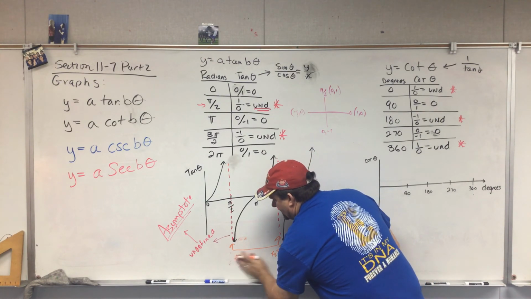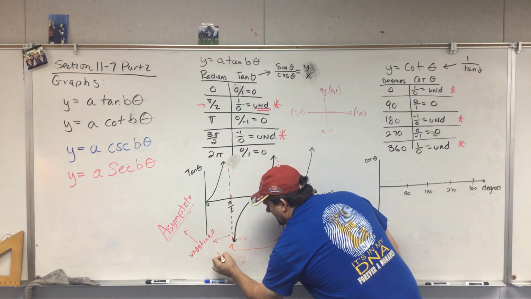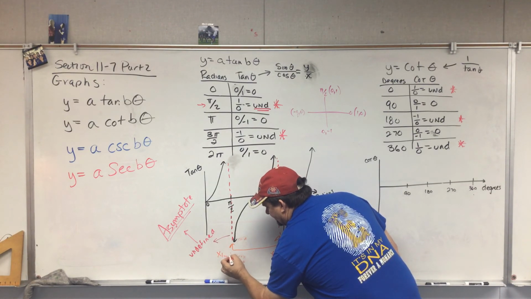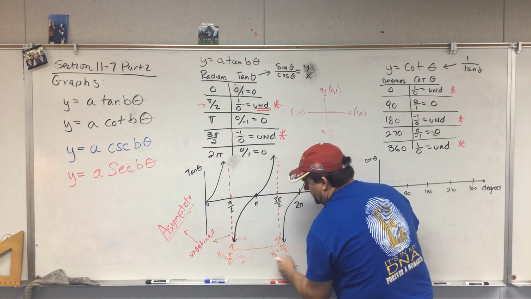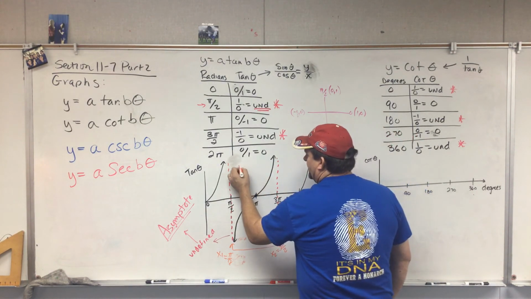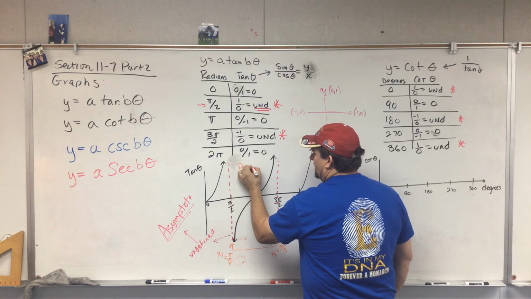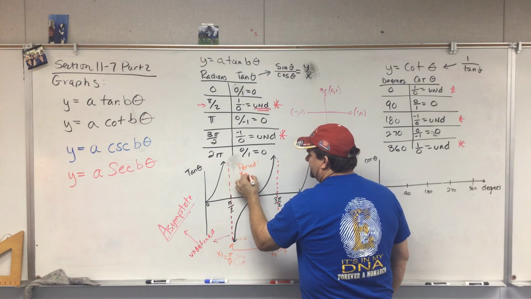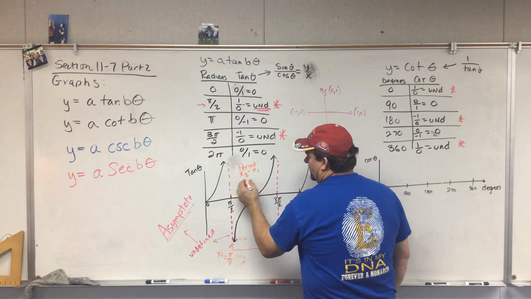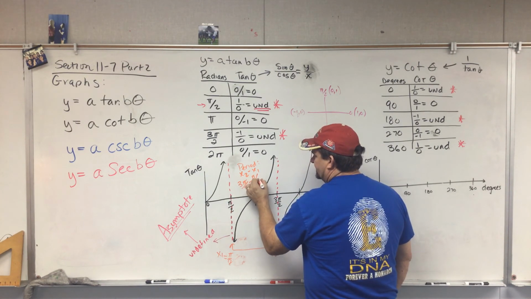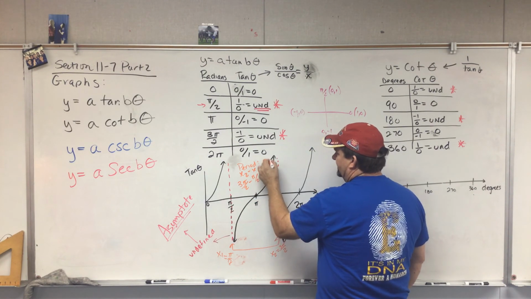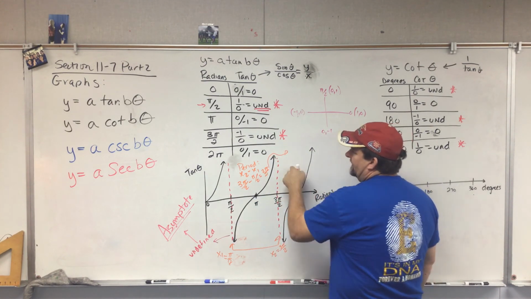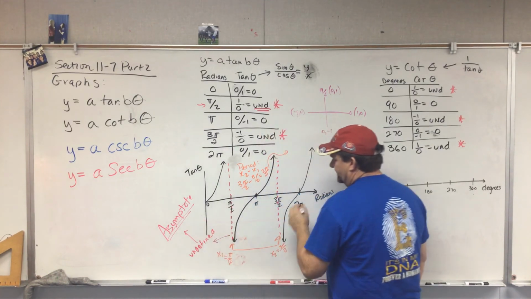Sorry guys, I'm getting a little low here. If I subtract those two, I'll get the period. So the period can also be written as x2 minus x1, which is going to be 3 pi over 2 minus pi over 2, which is going to be 2 pi over 2, which, if we simplify it, the period on this one is equal to pi.